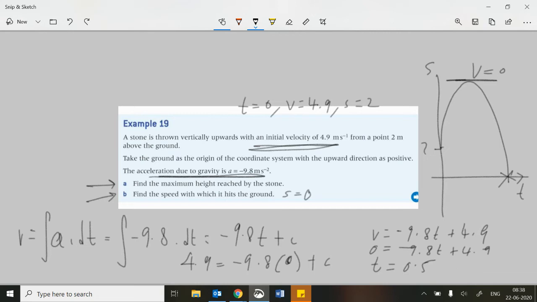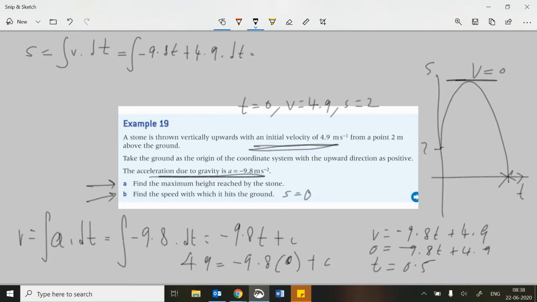To find the height, we actually need a formula for s, and v is ds/dt. I only found out the time at which I reached the maximum height. I never actually found the height. So I'm going to need to integrate minus 9.8 t plus 4.9 with respect to t.